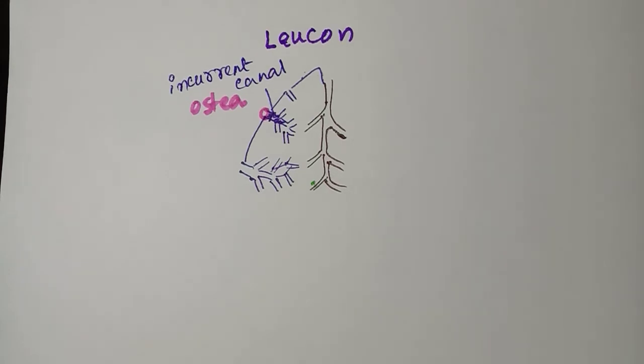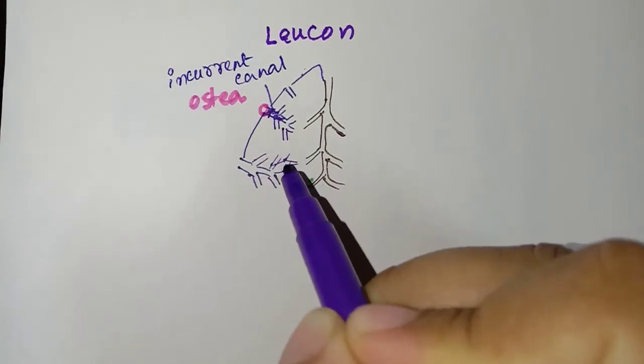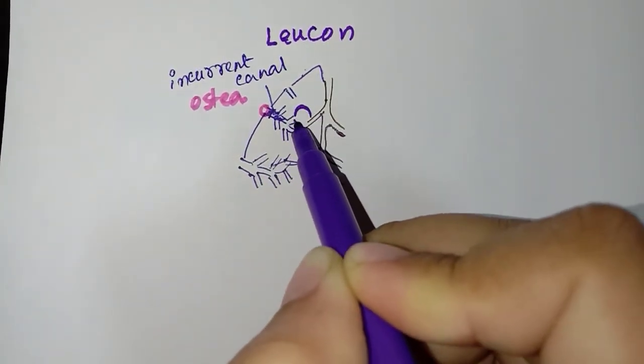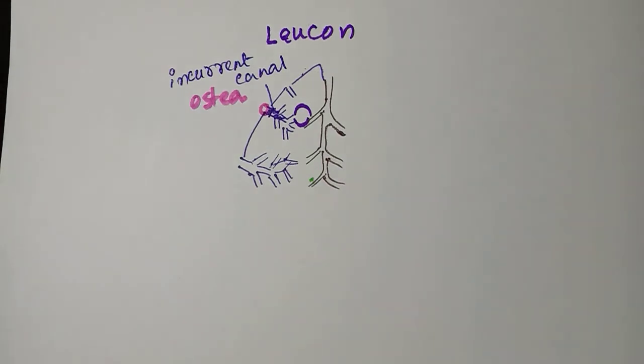Now after that, from this incurrent canal, the water will go into another chamber. There is a chamber present, and there is an opening present. What is that opening? See here. Suppose this is another chamber. This is called the flagellated chamber.